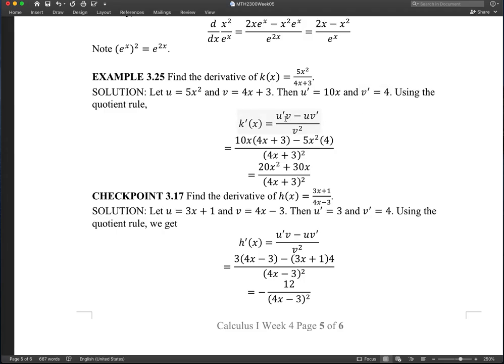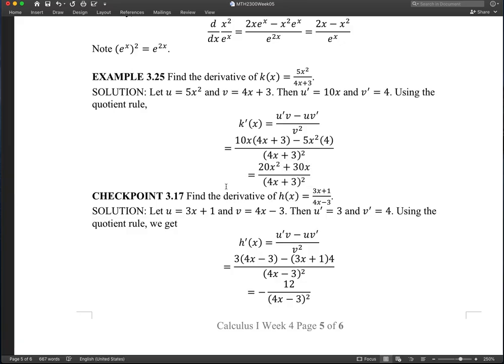I copy and paste the quotient rule right here. And then plug in each expression for the corresponding notation. And then I did a little simplification here. So this is 40x squared and then minus 20x squared. So it turned out to be 20x squared. 10x times 3, that's 30x. So I believe this should be the simplified answer. If you see something different, just let me know.